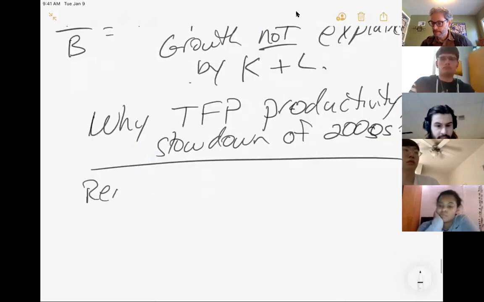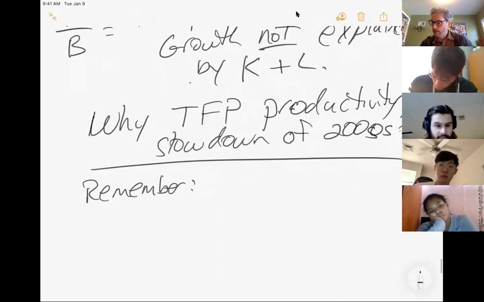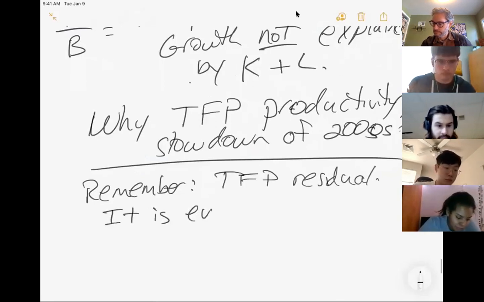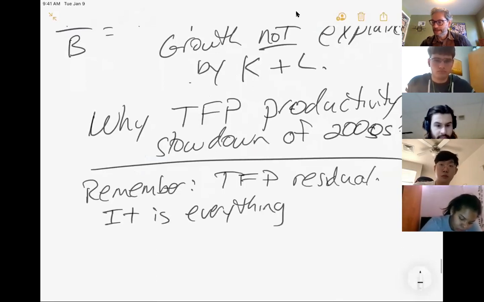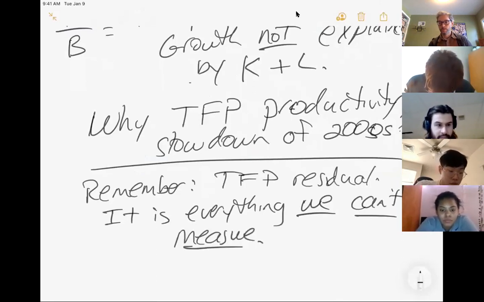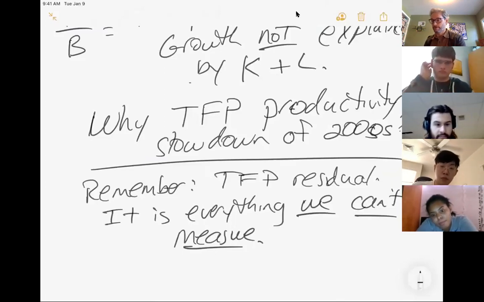Remember, total factor productivity is a residual. As a result, it is, in essence, everything we can't measure. So what goes into total factor productivity? A lot. And honestly, I think economists are constantly struggling with this. How do we understand all the things that have shown up in total factor productivity?